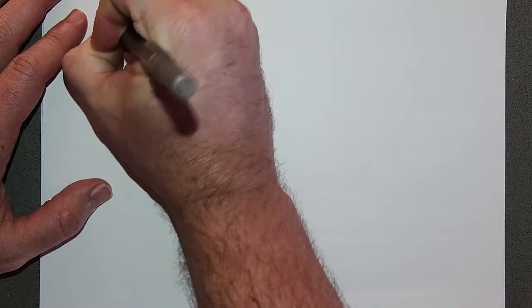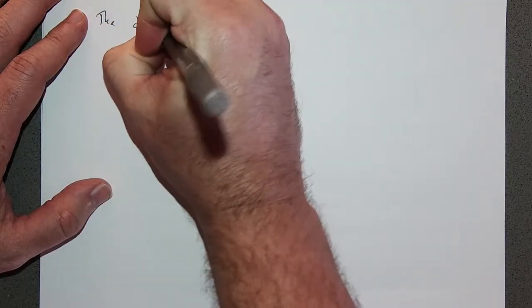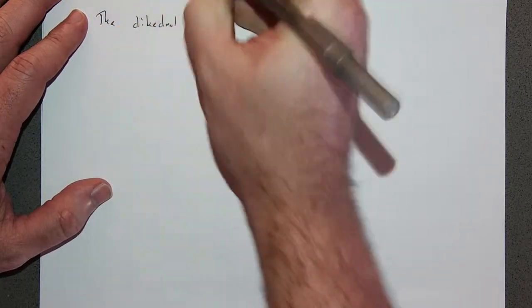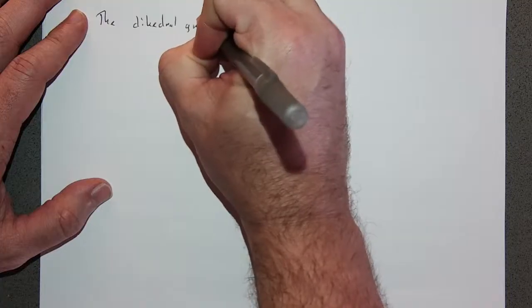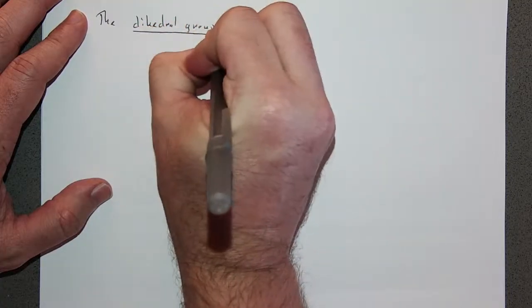Okay, so the next type of special subgroup I want to talk about is the dihedral group, which directly addresses our question here of dealing with symmetries other than just rotational symmetry. So how to incorporate reflection symmetry.